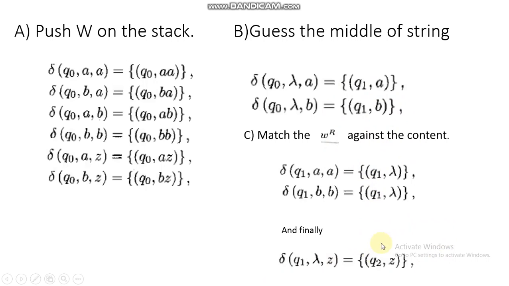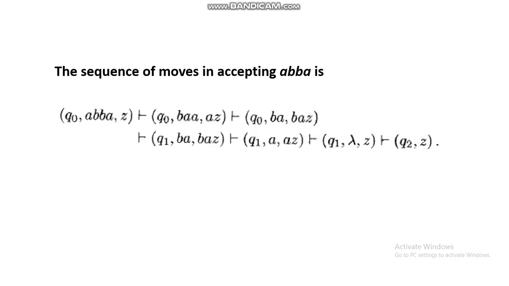So finally, if delta(q1, lambda, Z) equals (q2, Z), meaning we reach the final state q2, then this language is accepted by the PDA, otherwise it will not be accepted by the PDA. This is the sequence of moves in accepting a b b a. Suppose we have a string a b b a.